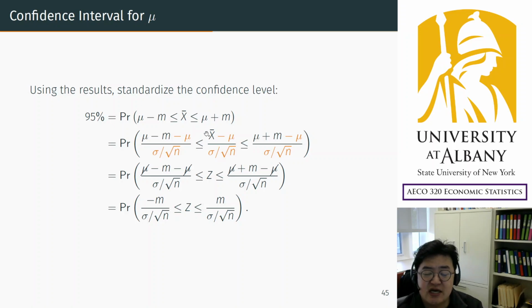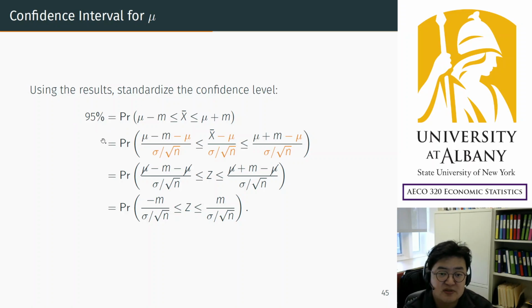The standardized x bar becomes a standard normal variable, z. So we have z, standard normal, between minus m over sigma over square root n and plus m over sigma over square root n. So minus something and plus something should contain the standard normal variable, and that probability must be 95%.